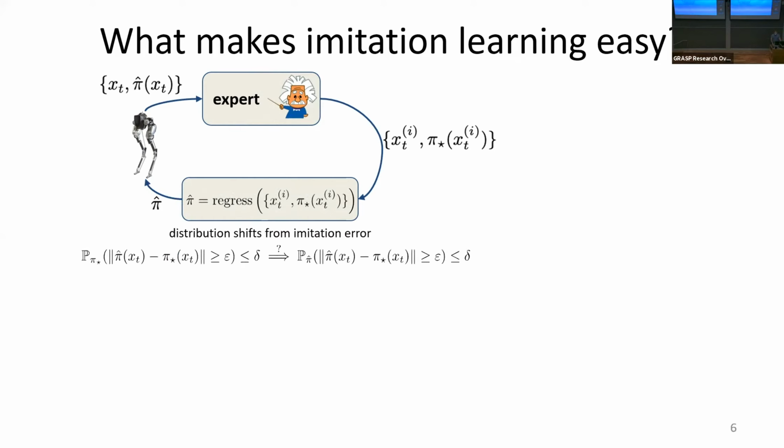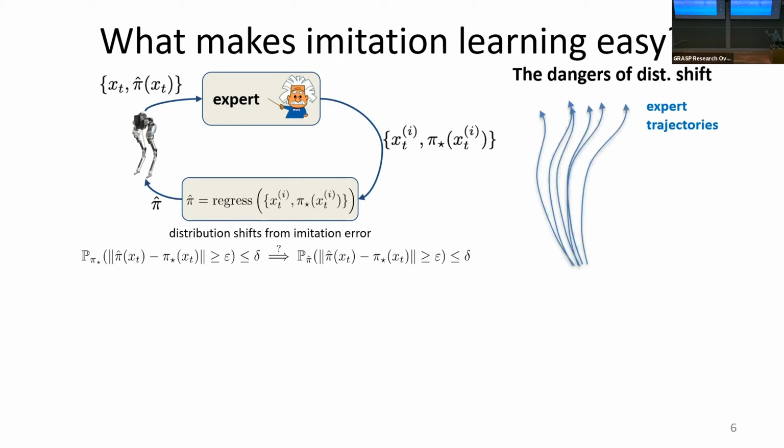Now, the challenge with imitation learning is that it's subject to something called distribution shift. And I'll just give you a little cartoon picture here to illustrate why imitation learning can go wrong sometimes. So suppose this is the data that I collected to train my policy. And I'll use this cloud as a picture to denote the distribution of these policies. I run my algorithm, I learn an approximate policy, and let's suppose I'm starting at this black dot and I want to try to run it. So the expert would follow this blue line, but because there's a little bit of an error in the learning step, I follow the red arrow.